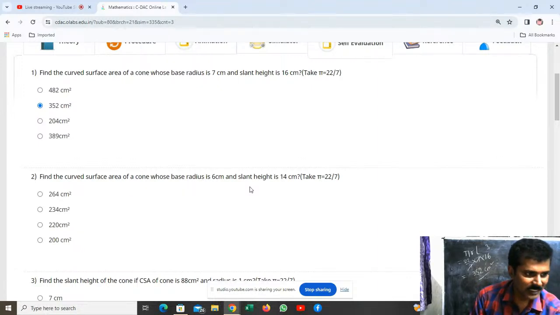Now make it quick. In the place of r, you have to write 6, and in the place of l, you have to write 14.